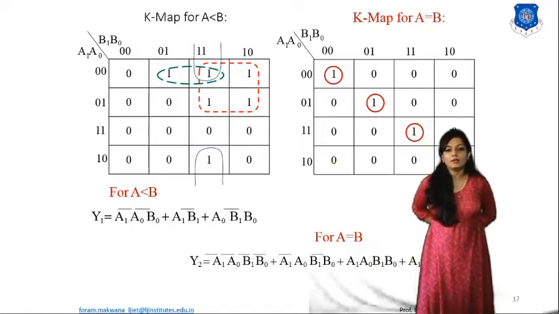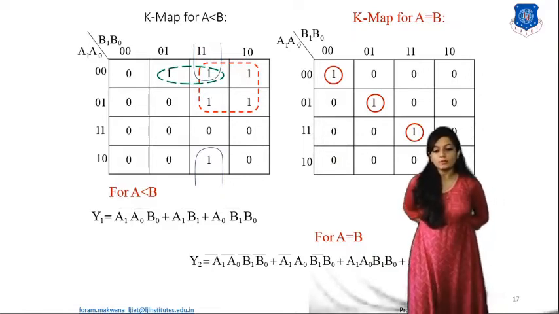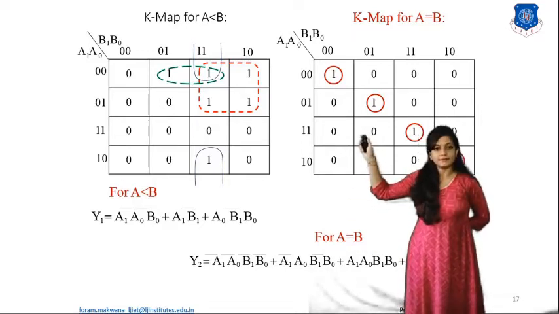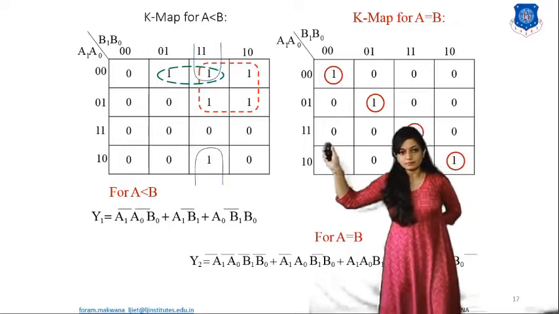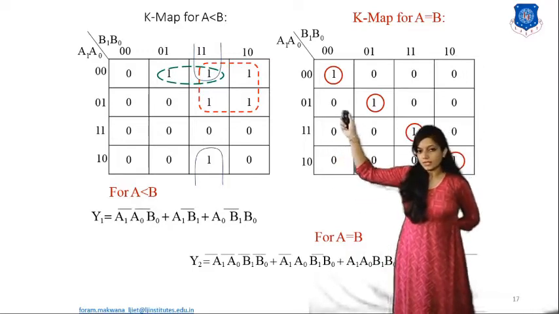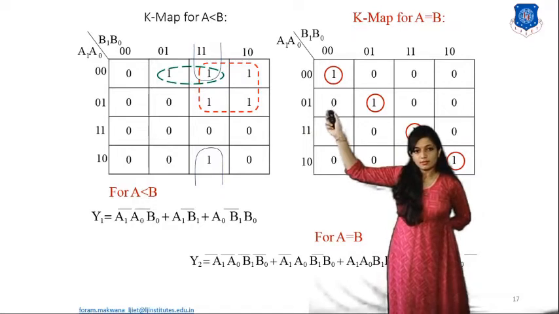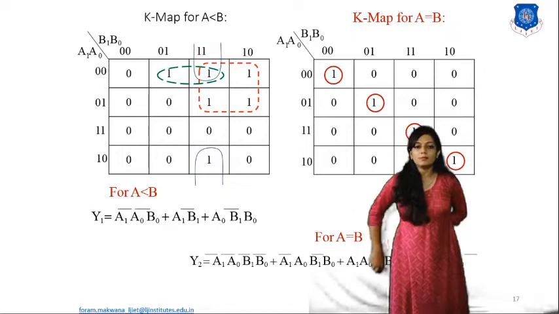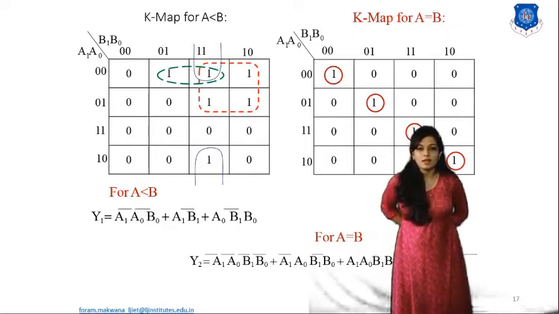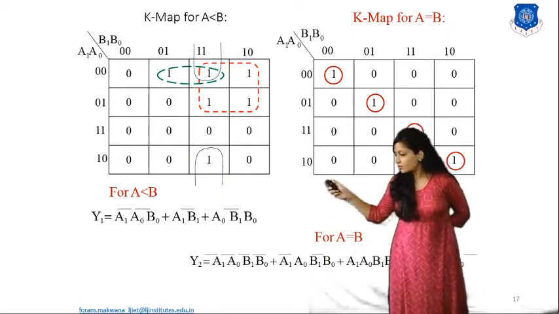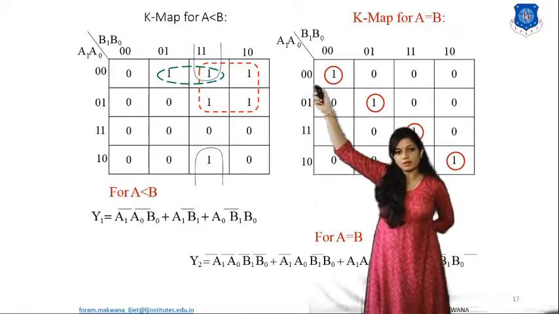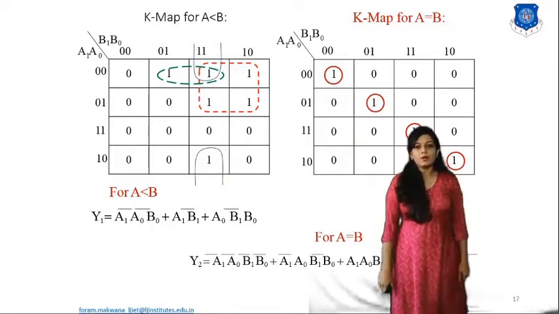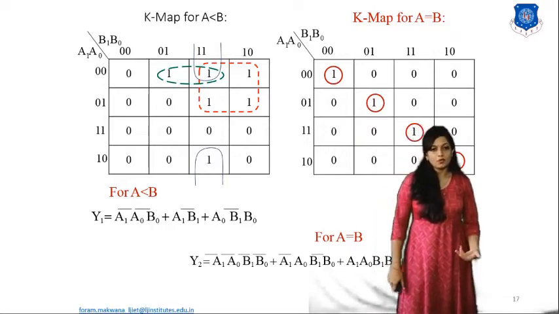And now make the groups. The groups will be formed like this: 4 ones, then 2 ones, and a single one remains. So this one is going to be grouped with the other one, which is above it, by folding the K-map vertically.